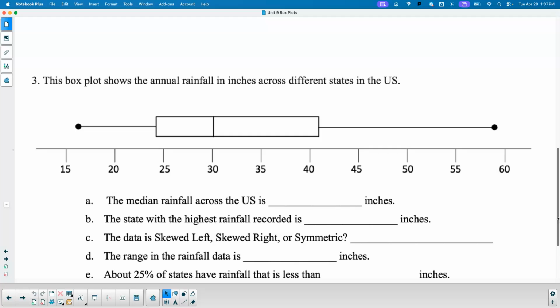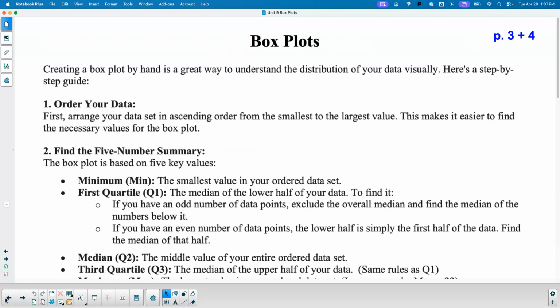This is what a box plot looks like. Okay, so that's a box plot. It literally has a box, and it's plotted on a number line so we can know what our data points are. Hence the name box plot. All right. So with that being said, let's figure out what we all have.